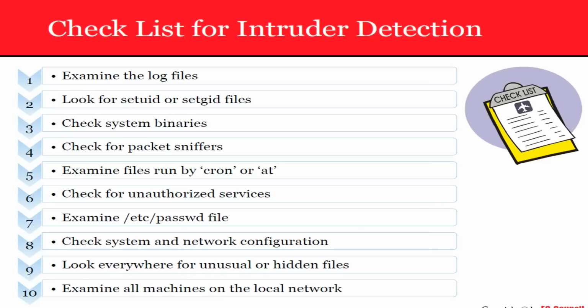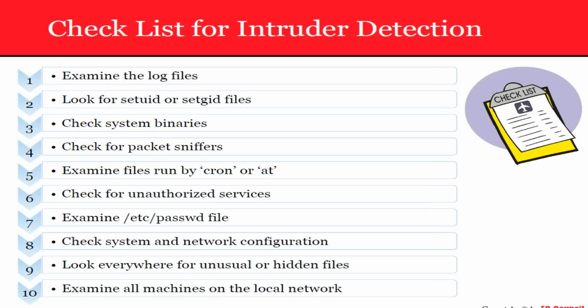So check the logs. Number 2, look for setuid, setgid or other suspicious generated files. Check the system binaries. Check for packet sniffers. Examine files by running cron or at. I don't have any demo for you in Wireshark, but you can just use some search mechanisms.